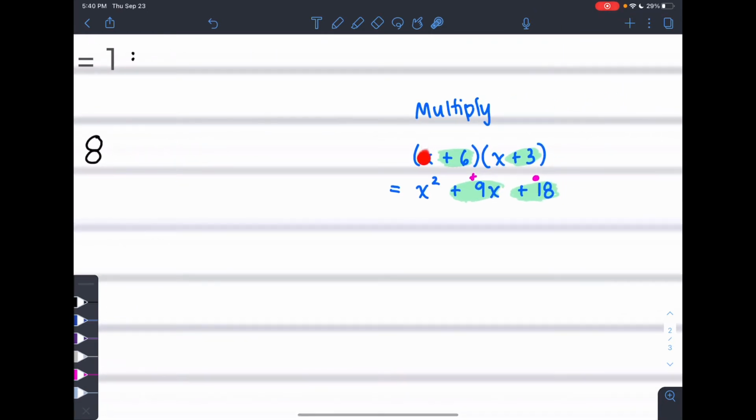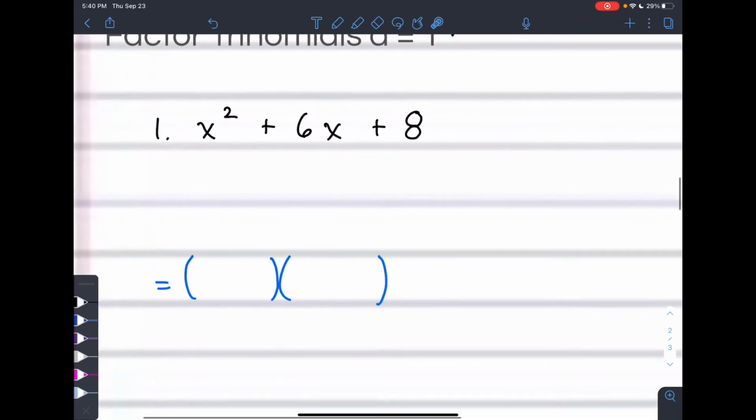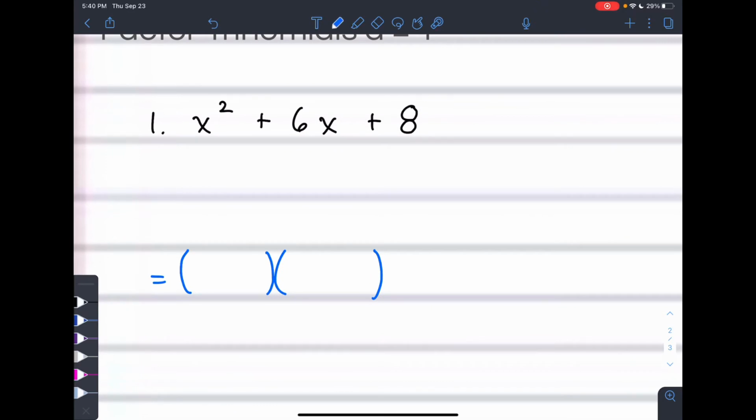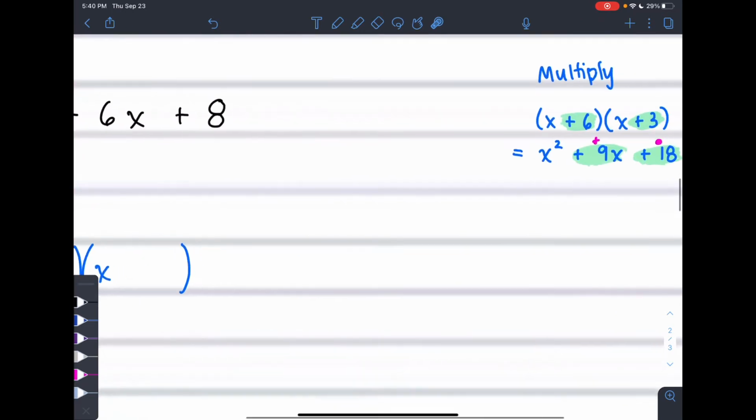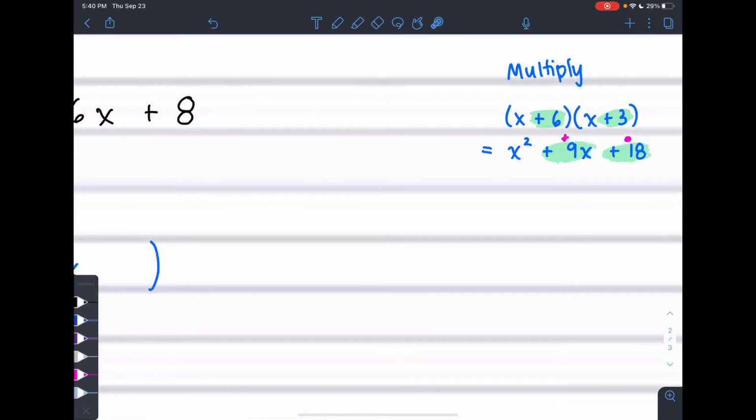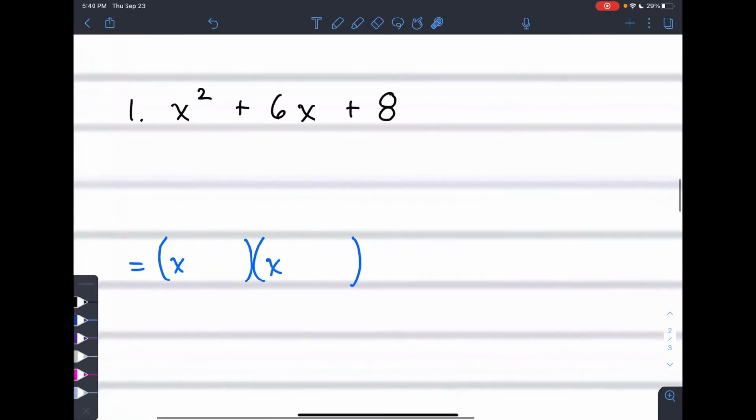Notice that the first term has to multiply to x squared. So in this case, it's always just going to be x times x, all right? X times x will give us x squared. Cool. Now we're trying to figure out these 2 values here, okay?